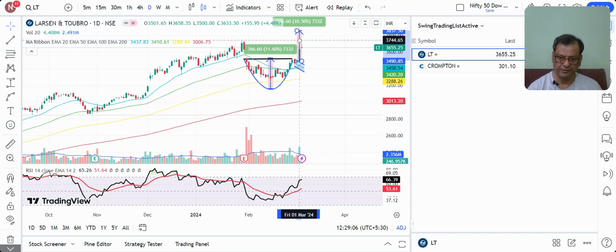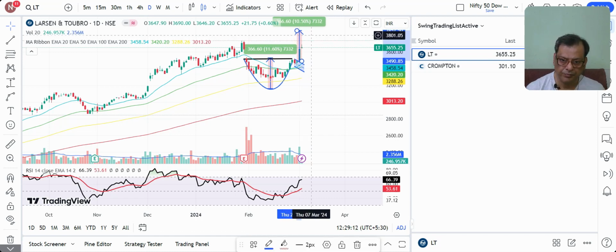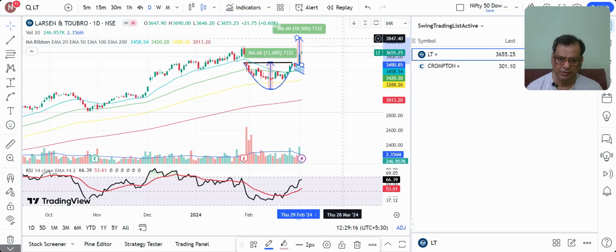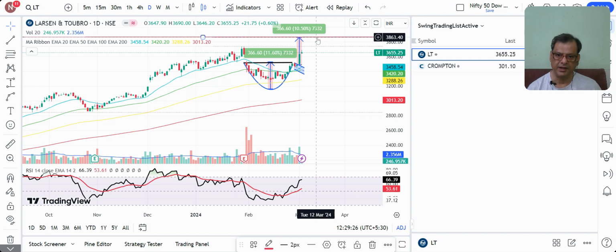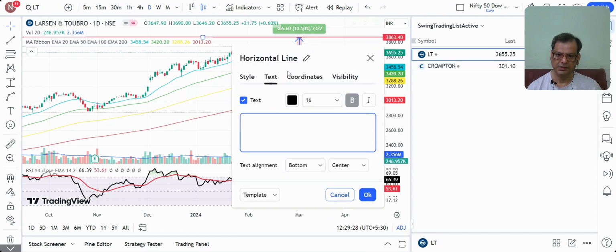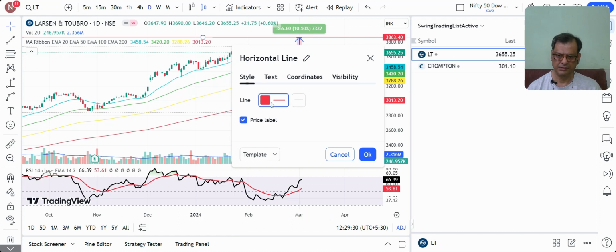From here, you are looking at a target price of, let me bring this chart down, say, 3863. So your potential target is going to be 3863.